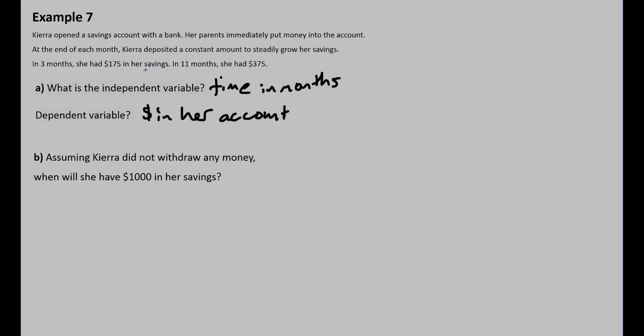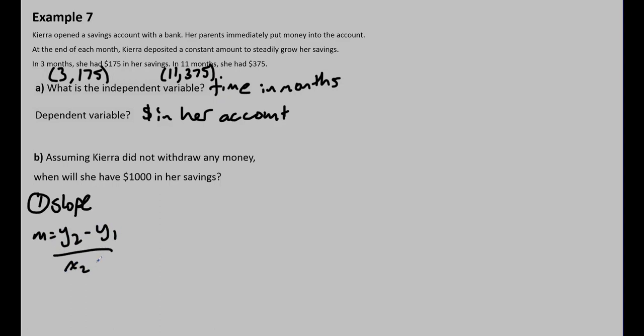So here they're giving us coordinates again. 3 months is the x, $175 is the y, and here 11 is the x and 375 is the y. So I can still do the same thing and calculate slope using y2 minus y1 over x2 minus x1. And we can label it x1, y1. This one's x2, y2.